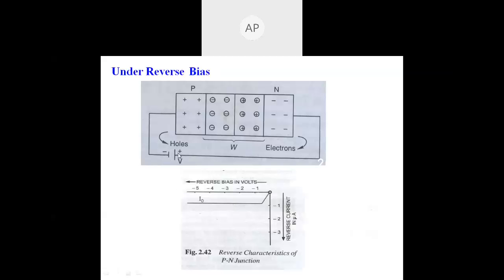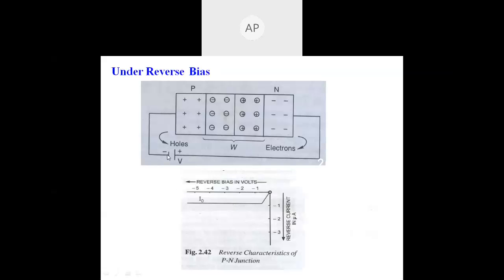From the positive terminal, positive ions enter the p region. There is no recombination, so they accumulate near the junction.